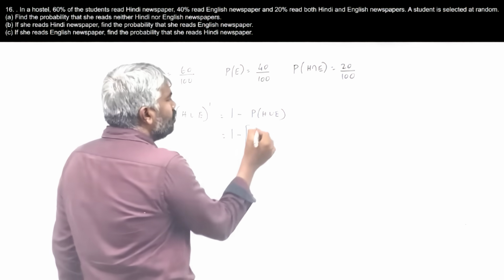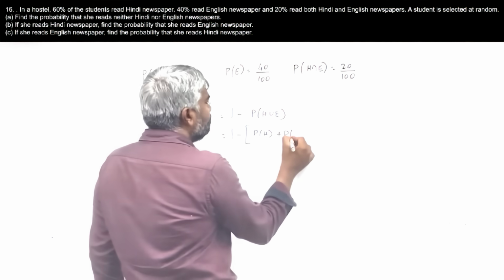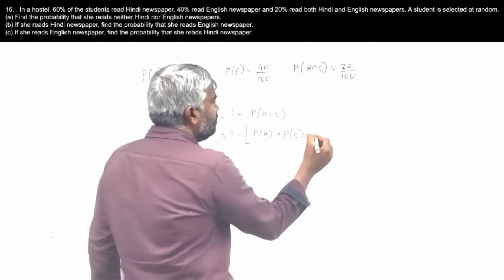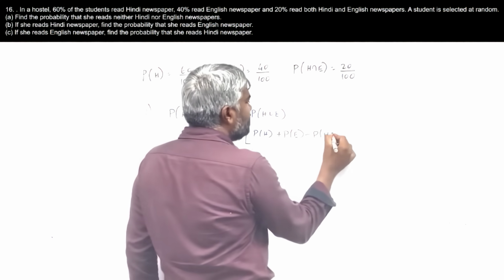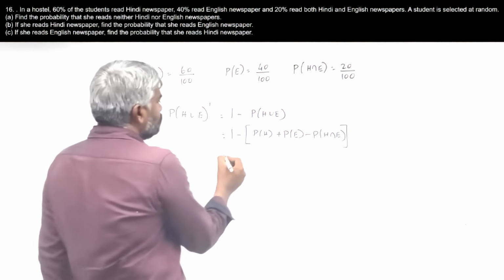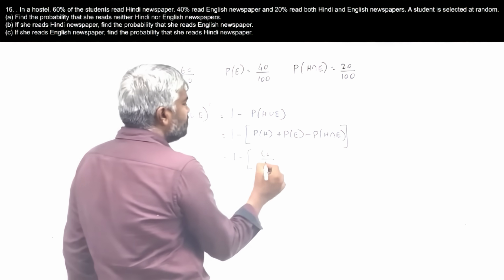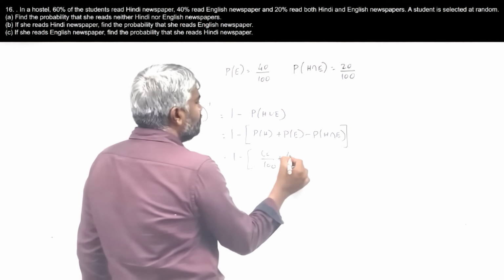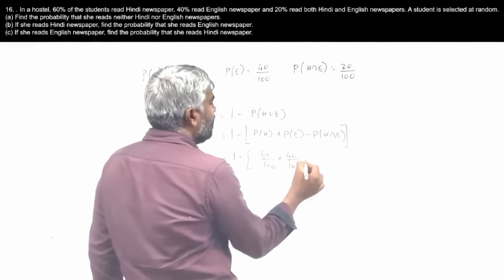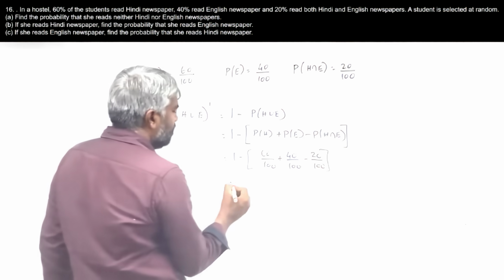What is P of H union E? P of H plus P of E minus P of H intersection E, right? Since all the data are given, it is quite easy to find this answer. 60 by 100 plus 40 by 100 minus 20 by 100.